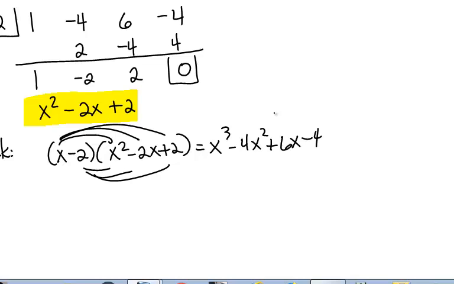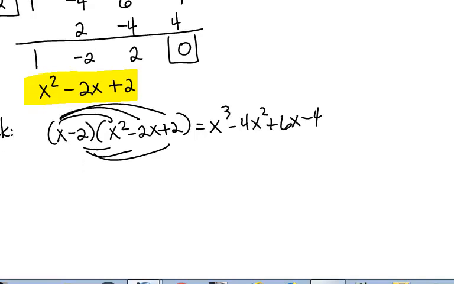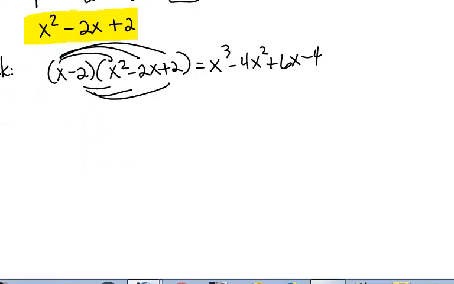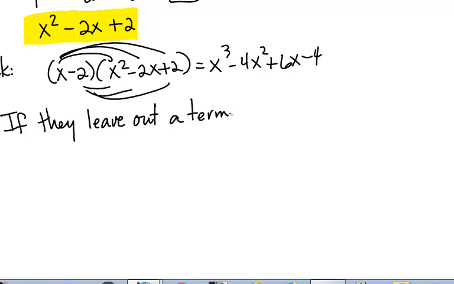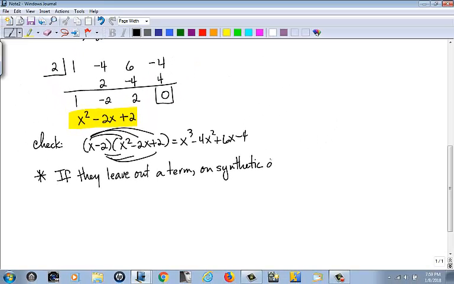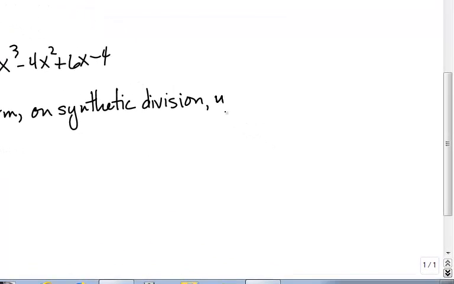Okay. So make a note: if they leave out a term on synthetic division, you have to put in a 0.